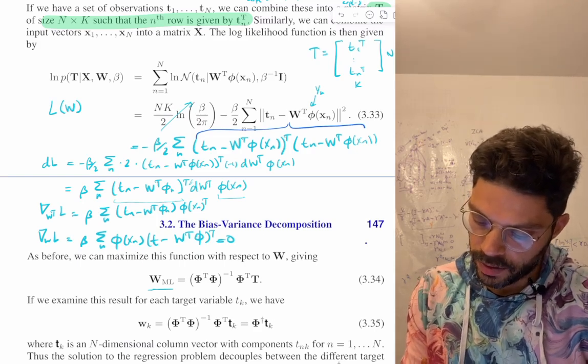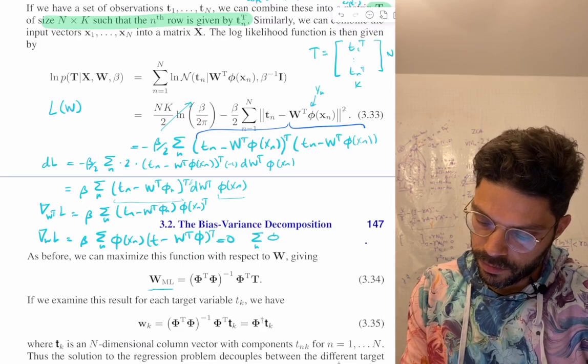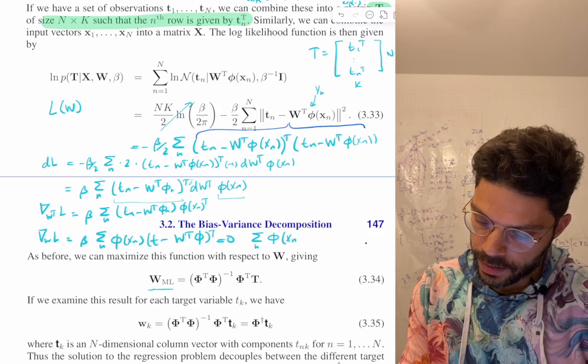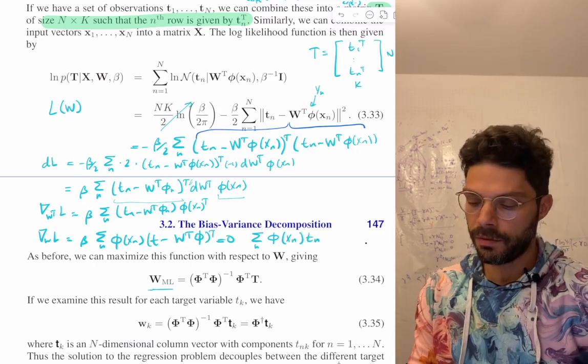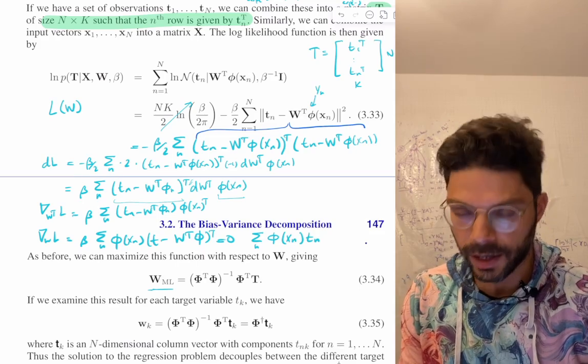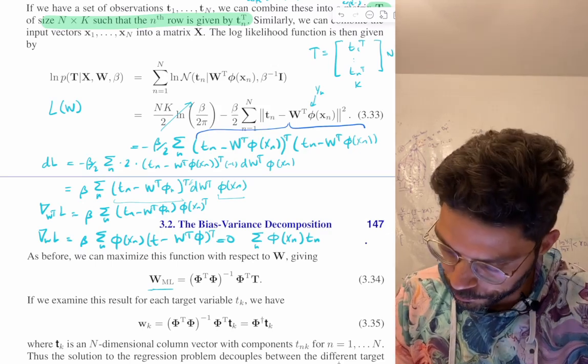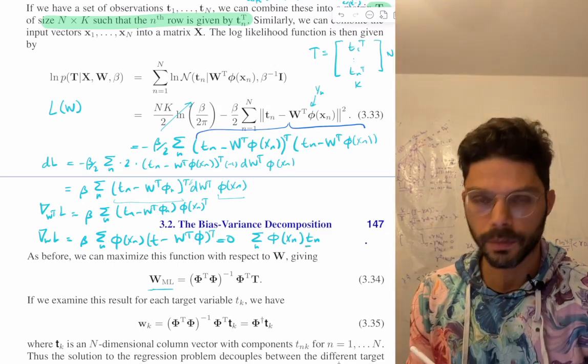So now we get on one side the sum over n of phi(xn) times t of n. Now we just have to be careful because each of these t of n's is actually a vector, so I'm going to emphasize that.